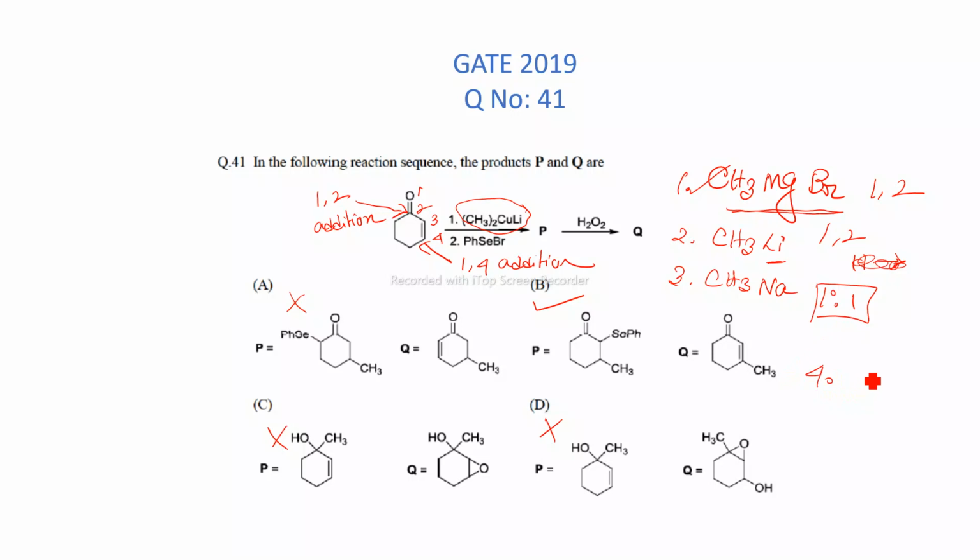Okay, if we use CH3 with Zn, then tell me, Zn is hard or soft? Zn is soft in nature. Yes, so 1,4 addition.